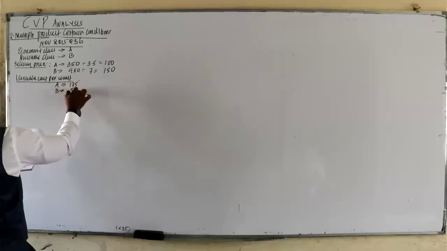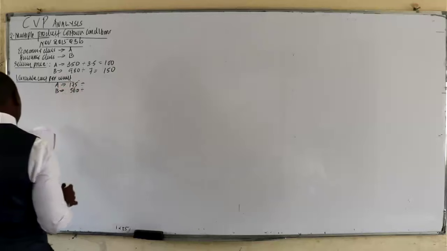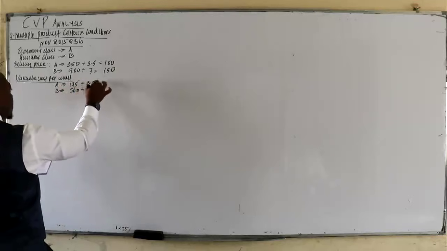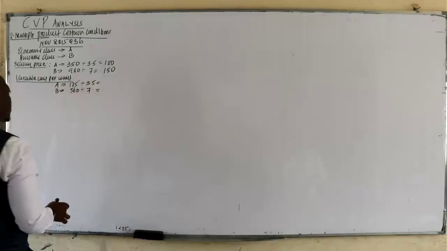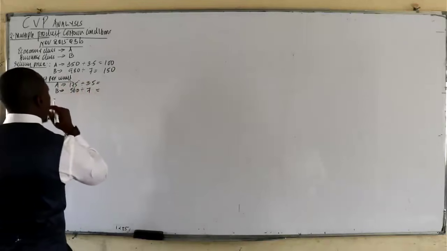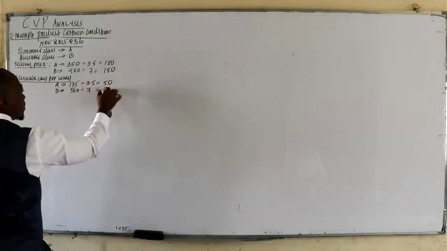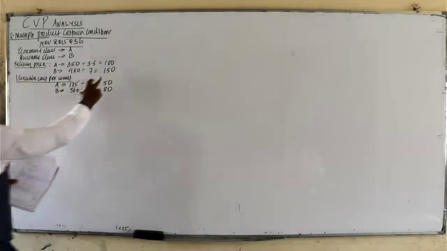This is 560 million, but we need per unit. You divide by the number of units, 3.5, and this is 7. Plus 1 is 15. This one is 8. $140.